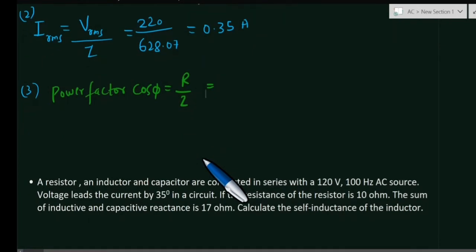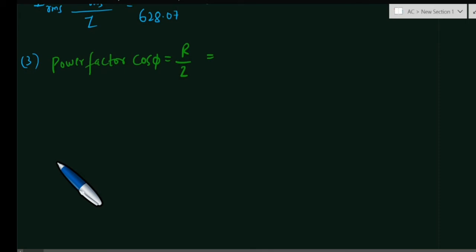So we will substitute that. Z value is 628.07, is equal to, the value comes out to be 0.015, and this is the value of power factor.